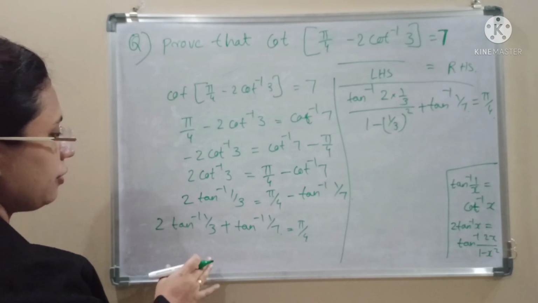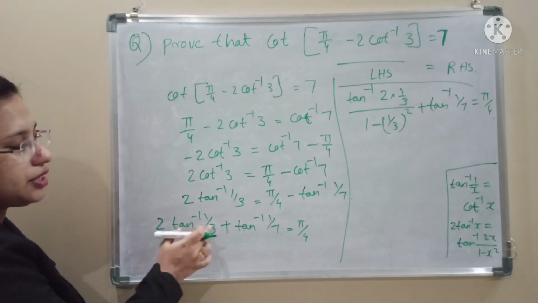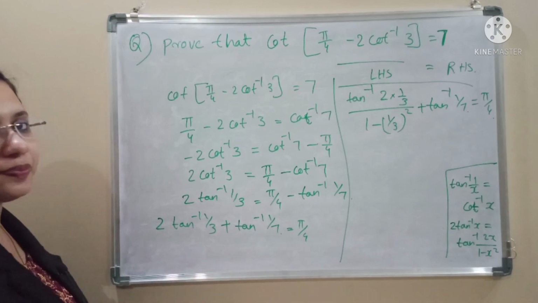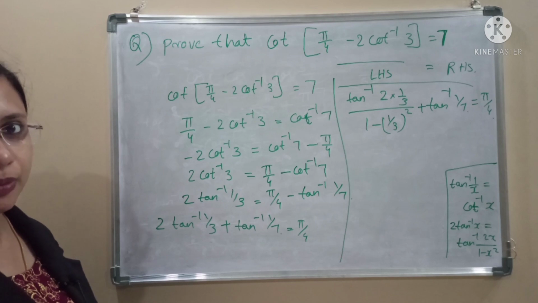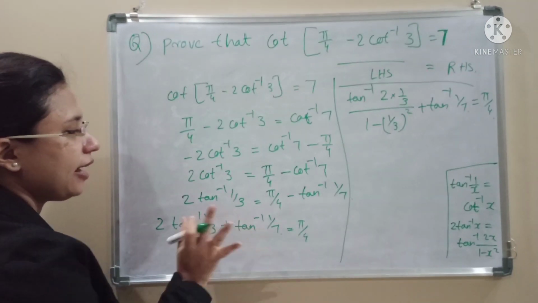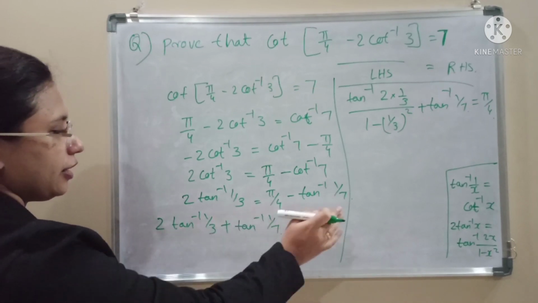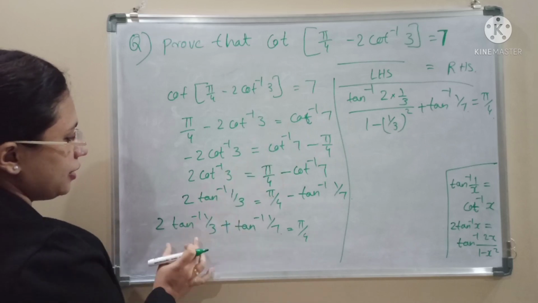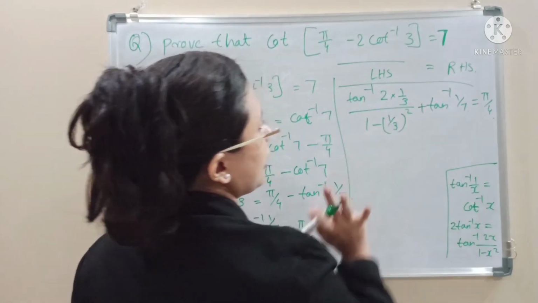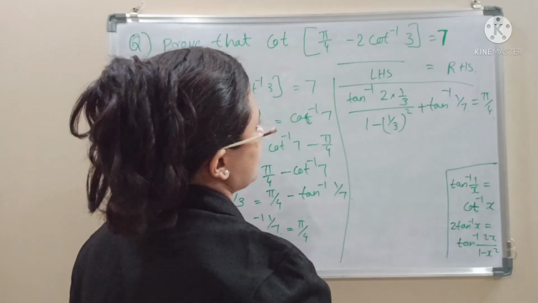Why are we applying this property? Because here it is 2 tan inverse, and here it is tan inverse. If both are in the same form, then only we can apply any rule to this function. So we applied the property here so that now both are in tan inverse form. Further we can move to the next steps.